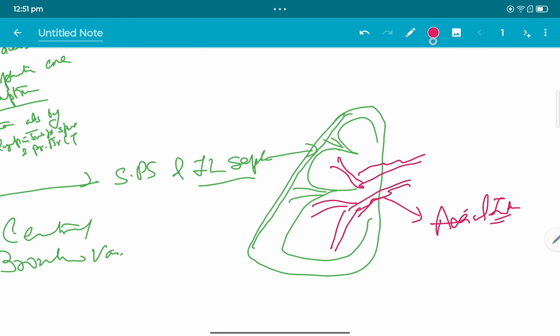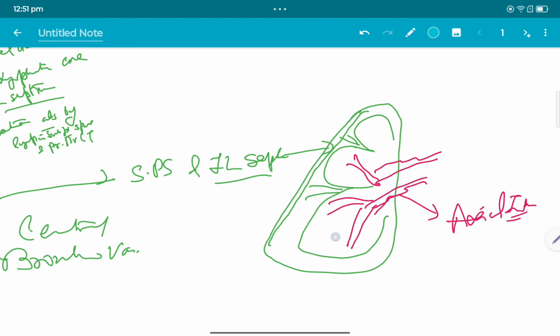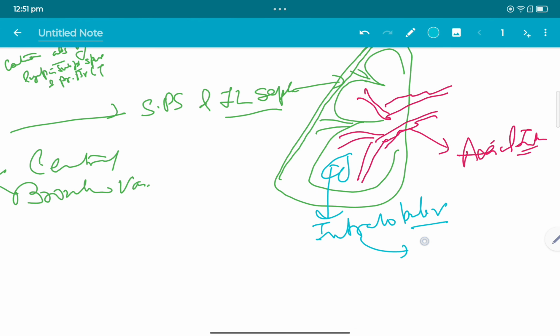Now the third one is the parenchymal, which is inside the intralobular area. This comes under the parenchymal.